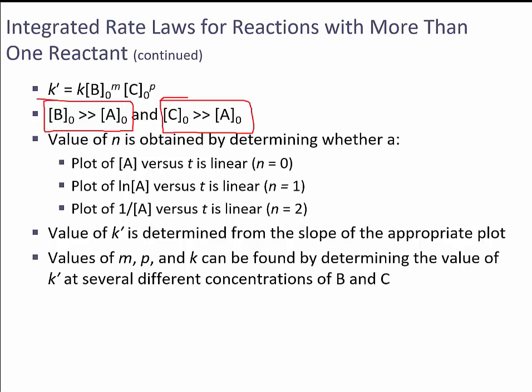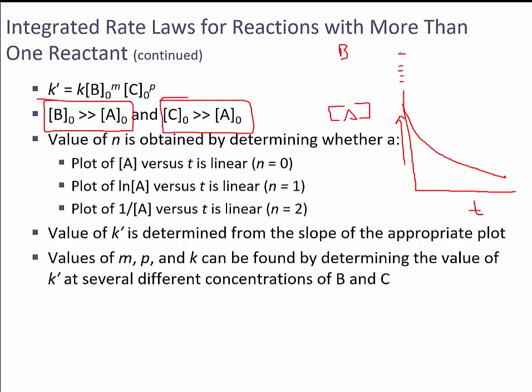So you do the same sort of thing that you would before. You're still going to make a plot where here's my time, and here is my concentration of A, and it's going to change, right? But you've got some concentration of B that is way up here in the stratosphere.